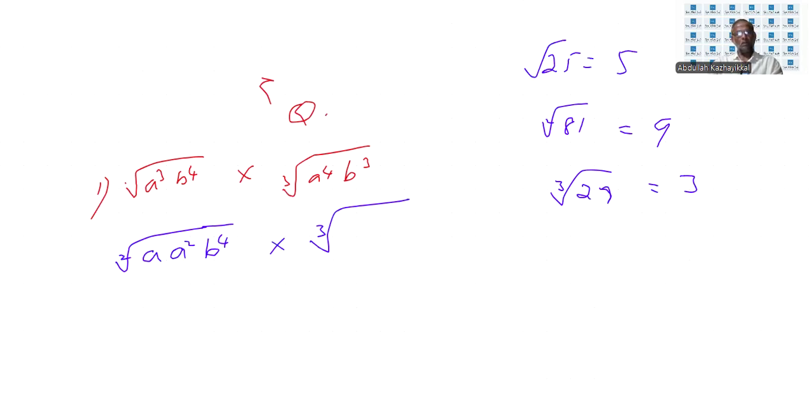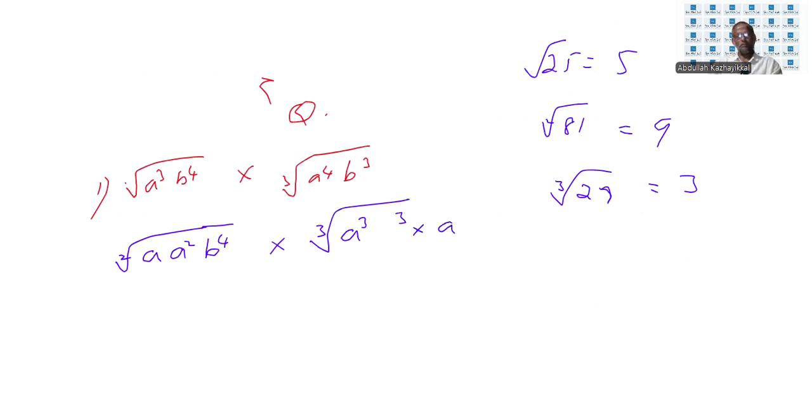So, can I write this one as a cube? Because cube root of a cube is a. B cube, no problem. Into a. A cube into a is a raised to 4, because we studied the laws of exponents. Any confusion, please tell me now.